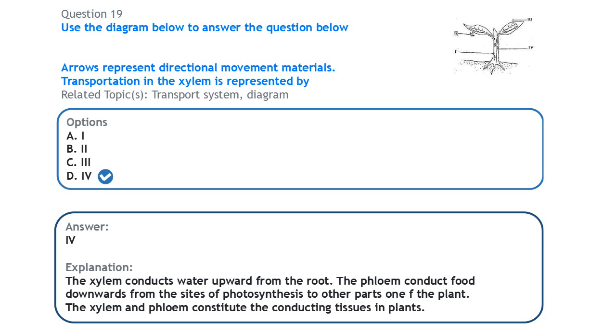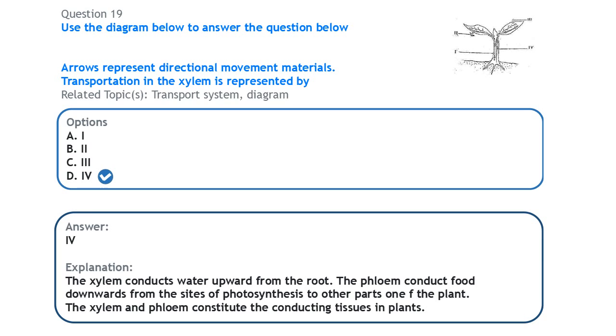So the source of the water is the root, then it moves up to the sink, that is, to other parts of the plant where it is needed. So the movement in the xylem is going to be from down, from the root, to the top, so it will be IV. That would be IV.